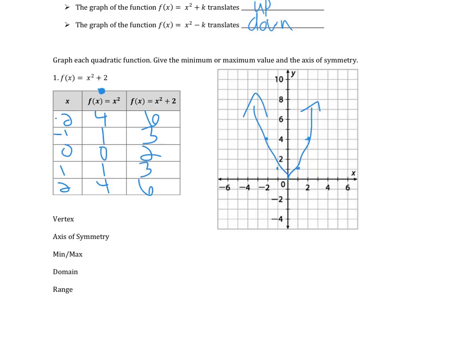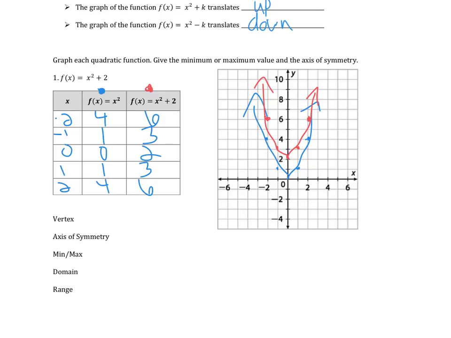And then let's do our second one. We'll do this one in red. So -2 and 6. -1 and 3. 0, 2. And as you can see, essentially the same graph. It has now just become shifted up too.